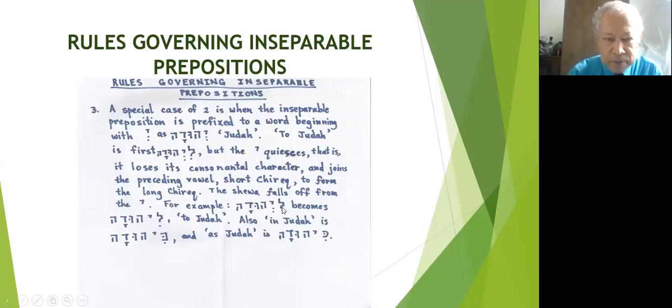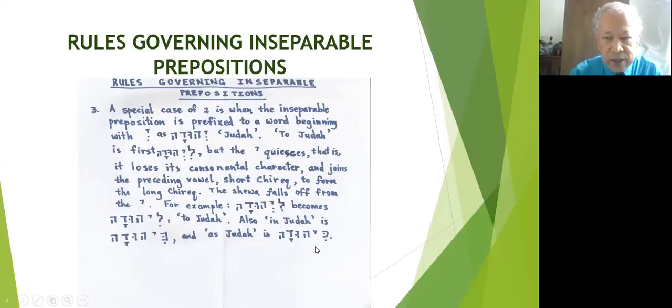So now instead of having Li Yehutha, this becomes Li Hutha, to Judah. The same thing happens in Judah. You have Bi Hutha instead of Bi Yehutha. The yod becomes silent. The simple schwa disappears, and the yod and the short hirik join together to form the long hirik. So you have Bi Hutha.